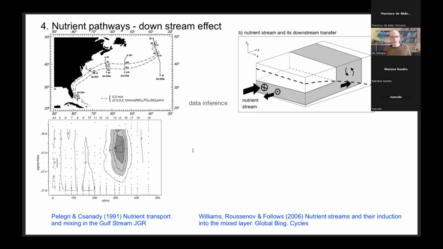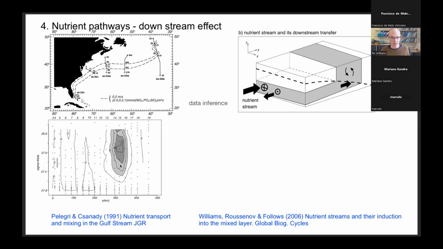So then there's the question of, okay, we've got this intense nutrient pathway. What does it do to the system? The first point is that one should acknowledge that this subsurface nutrient stream is carried along density contours.